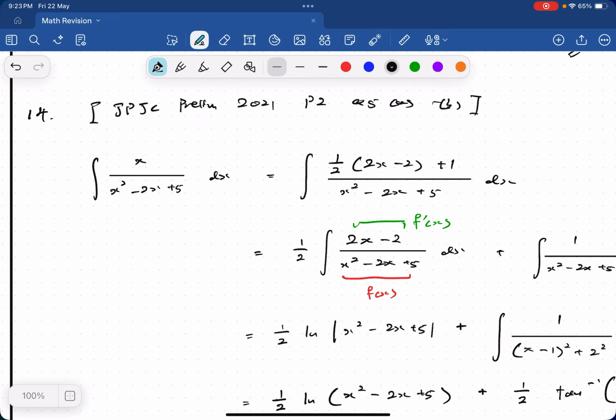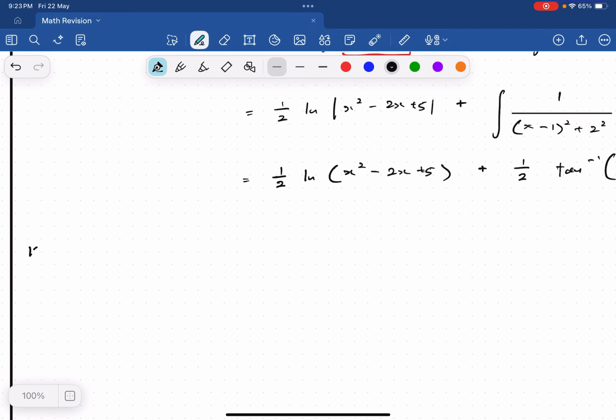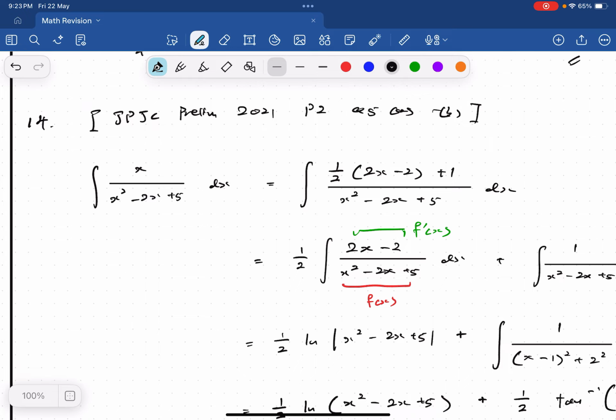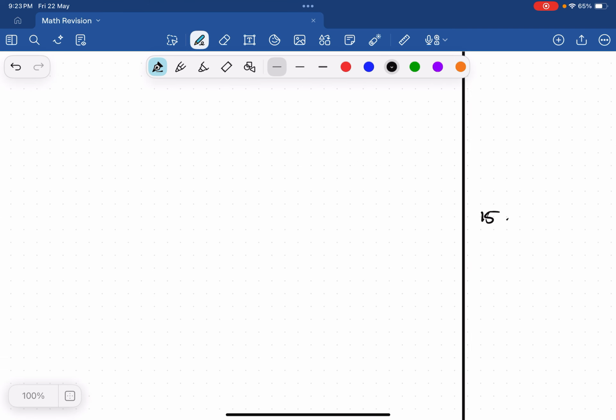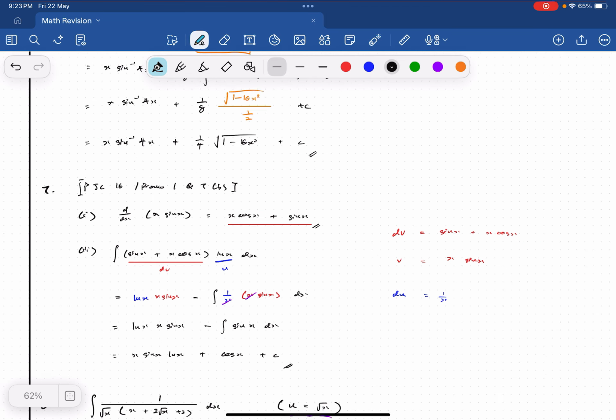Okay? Last integral for today now. Part B of that question. So this integral that I just showed you was part A. This question is part B. So we have done an integral like this before. Yeah, you remember this question?